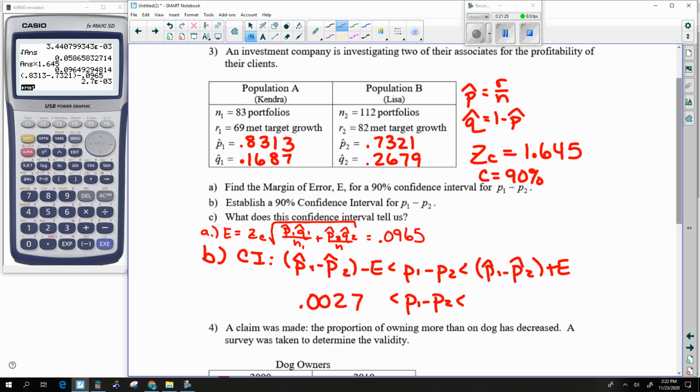So that'll be, move the decimal 3 places, so that produces 2 zeros and a 2-7, but long story short, it's a positive number.